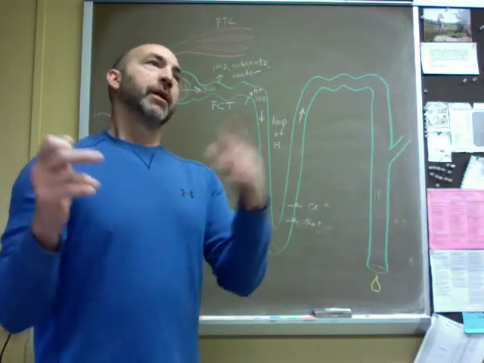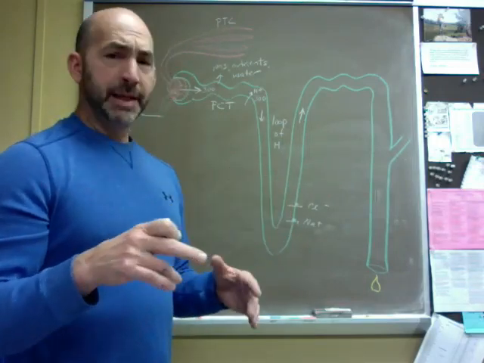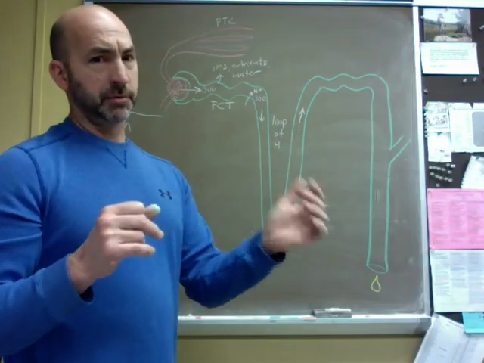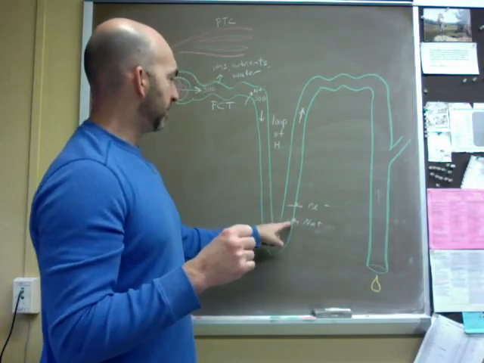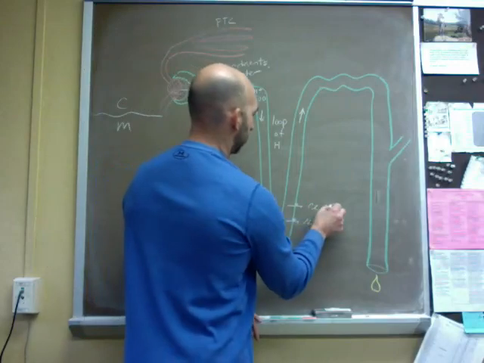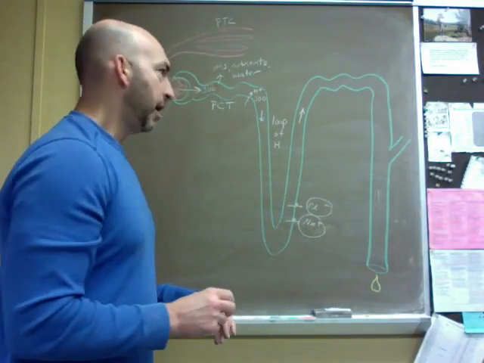And then there's a chloride channel and the sodium-potassium pump, right? The chloride channel allows the chloride to be reabsorbed into the interstitial space. The sodium-potassium pump drives sodium into the same space, and we've just reabsorbed chloride and sodium, right, across those cells.